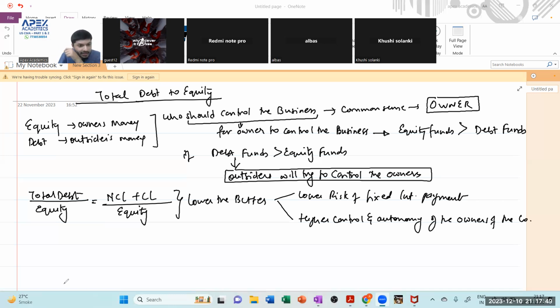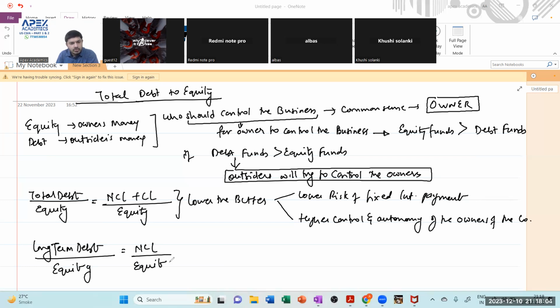Next, like there is a total debt, there can be a long-term debt to equity. What is long-term debt? Long-term debt is nothing but non-current liabilities upon equity. Why again? Lower the better.